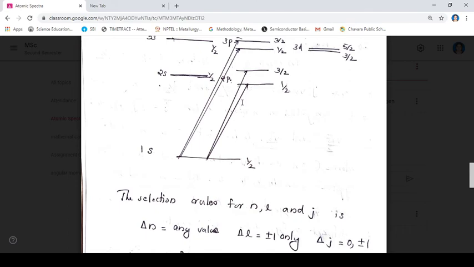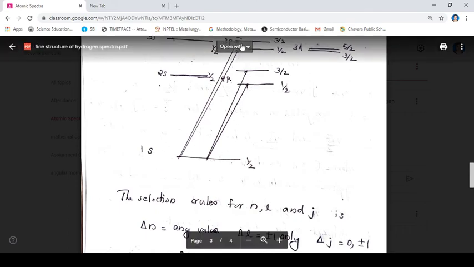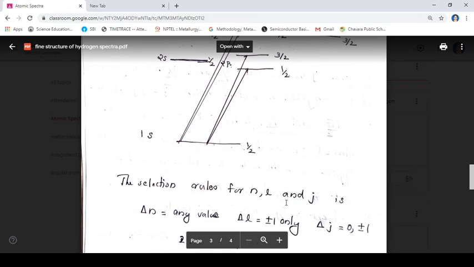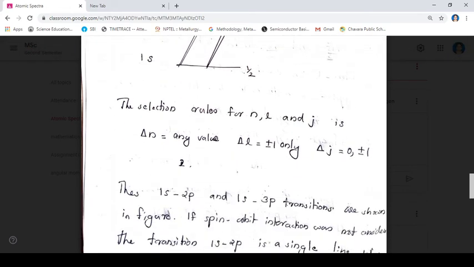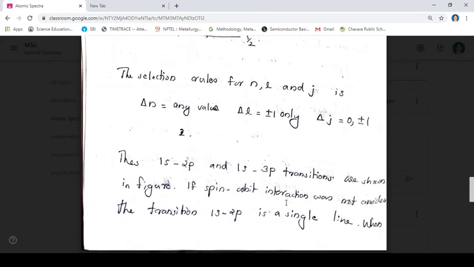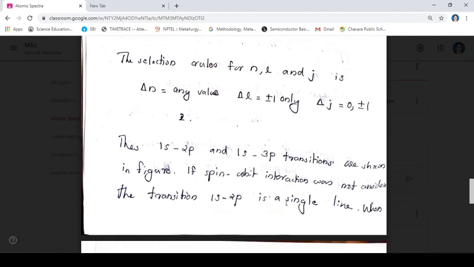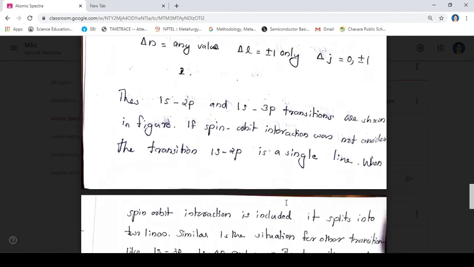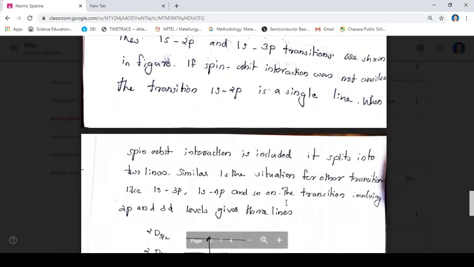This is actually a doublet. Again the 1s to 3p transition is possible, and that is also a doublet, shown in the figure. If spin orbit interaction was not considered, the transition 1s to 2p is a single line. When spin orbit interaction is included, it splits into two lines. I hope it is clear now.